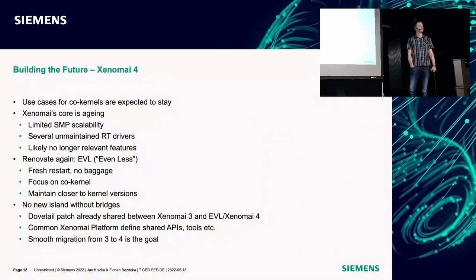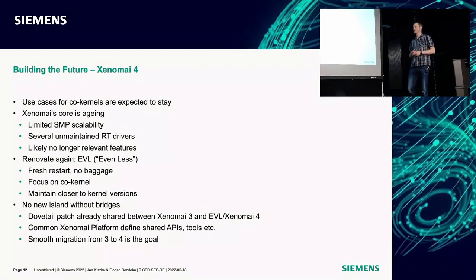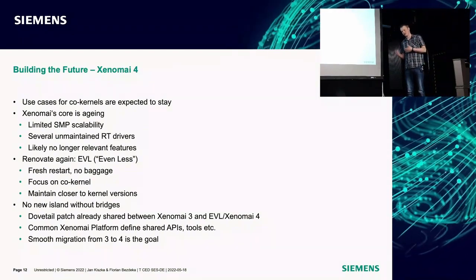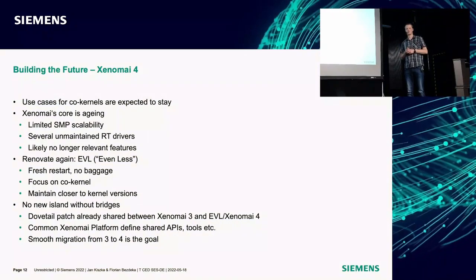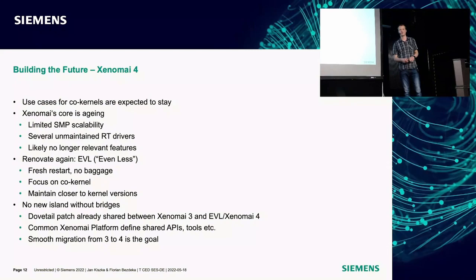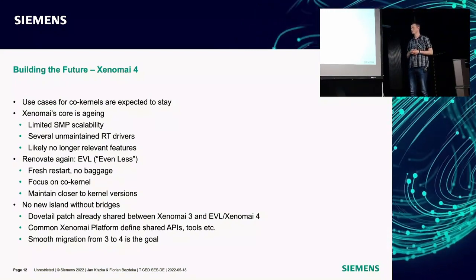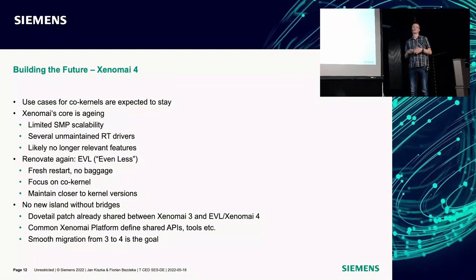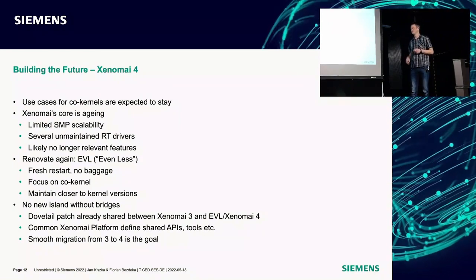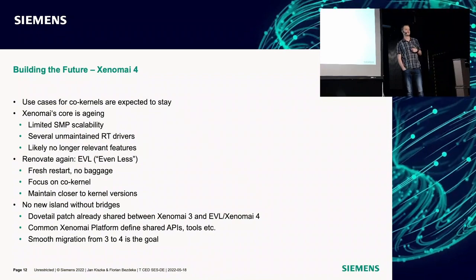Yeah. So next, where are we heading to? So as Jan already mentioned, we have some in-house uses for that, so we're quite sure that our use cases won't go away overnight. So we have to support them in the long run. But as always, we have some challenges. One of them is, for example, that the Xenomai core is slightly aging.